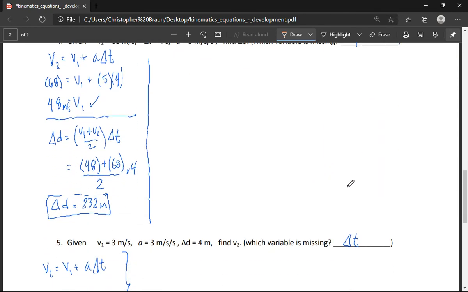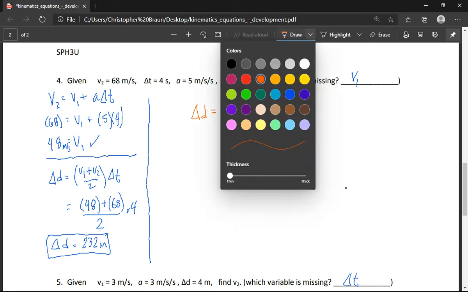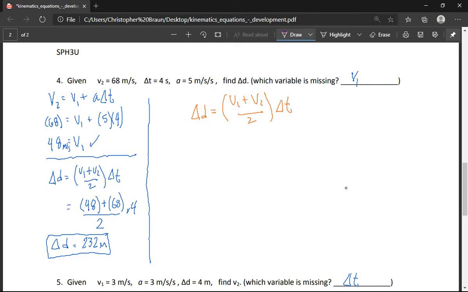Now, the next one. Oh, looks identical, except we don't know v1. So to solve for this one, you're going to write out, we're looking for the displacement. We know it's just average speed times the time. But here, we don't know v2, or sorry, v1. So we look at our second equation, and we say, well, I need v1. Well, that's just v2 subtract a delta t, and that equals v1.